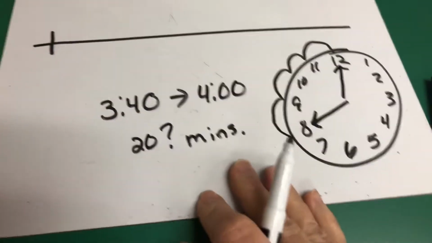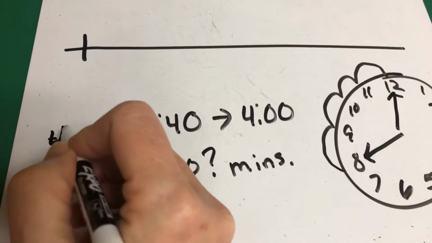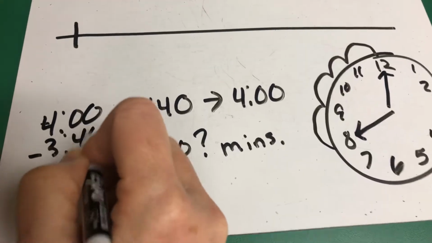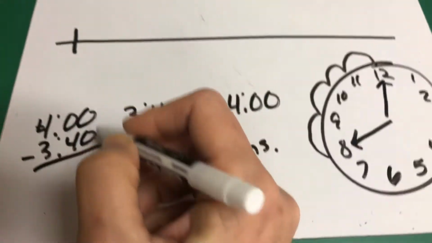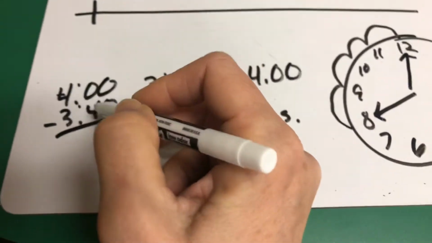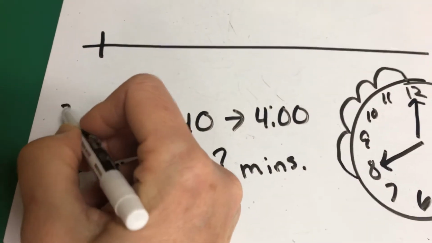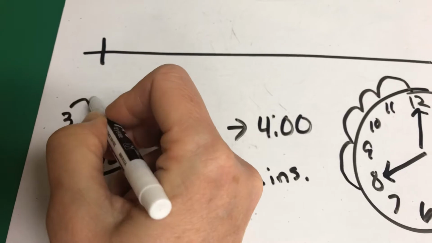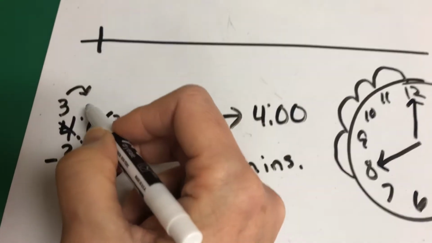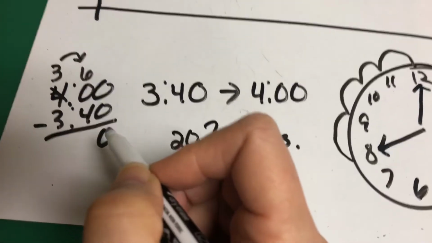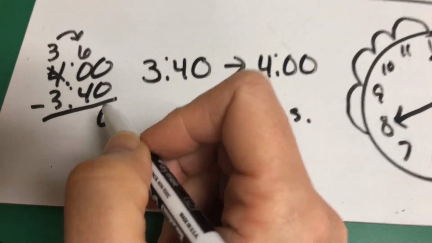Now, if I want a mathematical way to do it, if I said 4 o'clock minus 3:40, my 0 minus my 0 is 0, but I can't take 4 from 0, so I'm going to borrow from this 4. It becomes a 3. But coming over, I'm not bringing a 10, I'm bringing a 6 because there are 60 minutes in an hour.